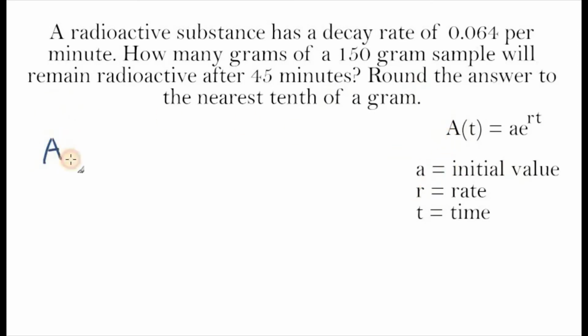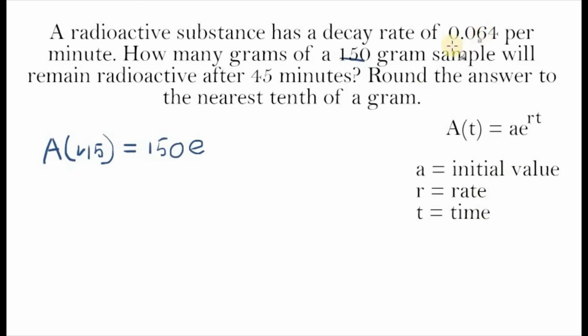So A of t, where t is the time, which is 45 minutes, is equal to A, which is the initial value, and it's going to be 150. E, and then rt. R is the rate, and t is the time.